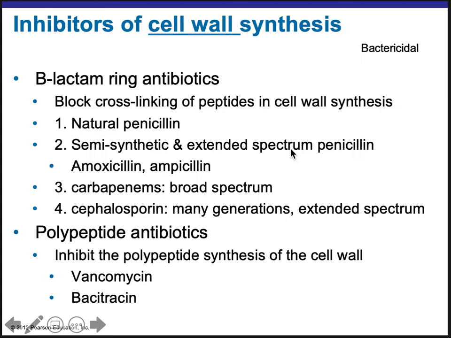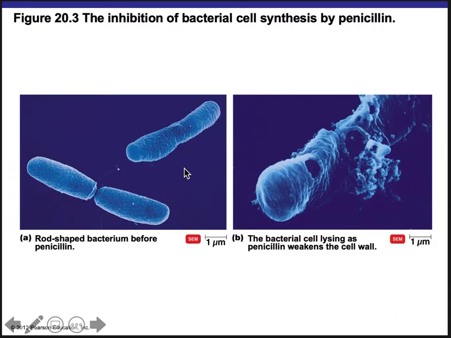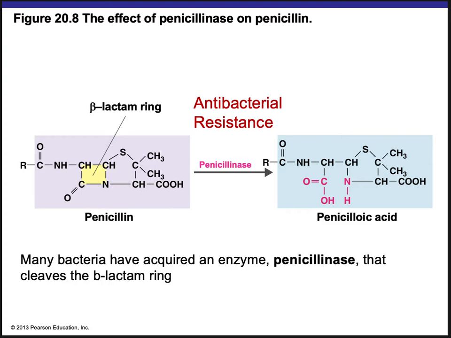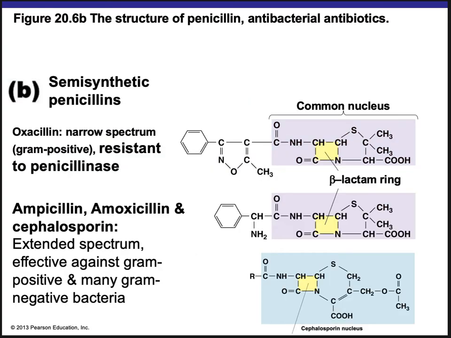Extended spectrum, which is what we see with the amoxicillin and ampicillin. But we also have some semi-synthetics, which I'll show you here, that remain narrow spectrum, but they become resistant, and we say it's resistant to penicillinase. Another word for penicillinase is beta-lactamase.